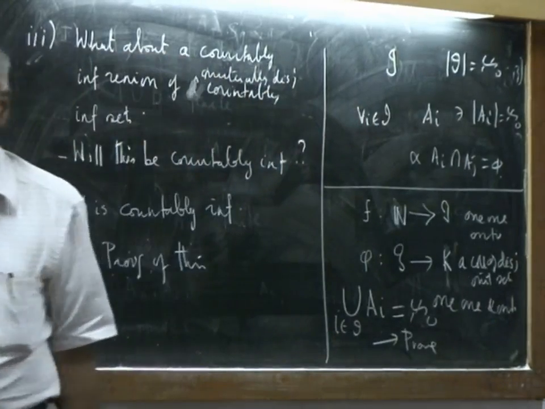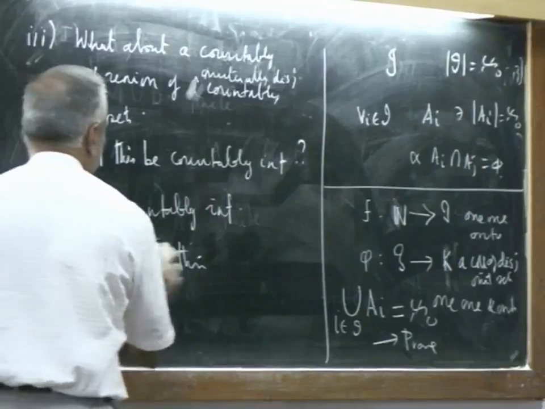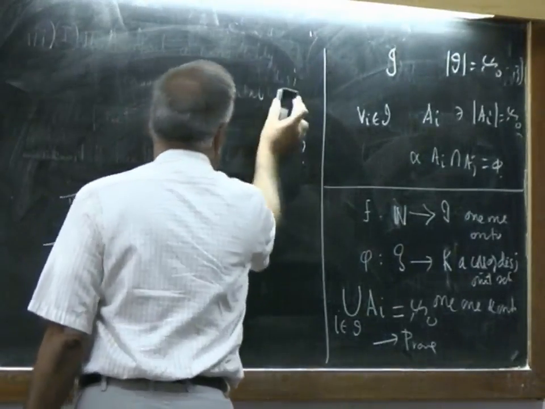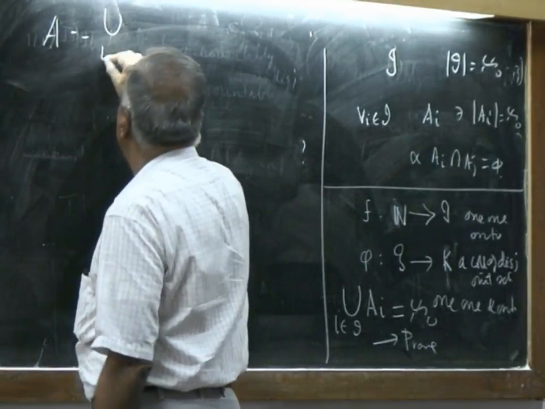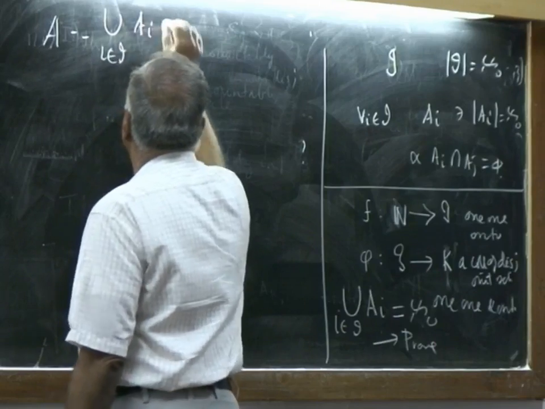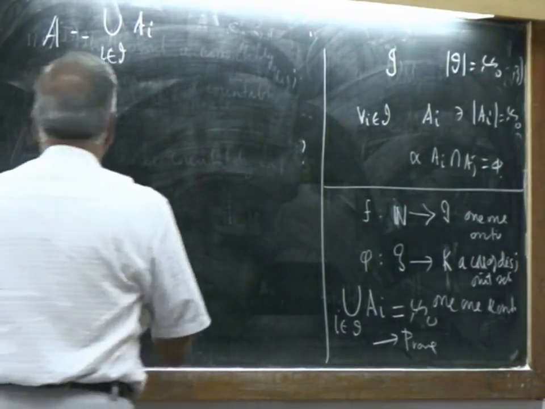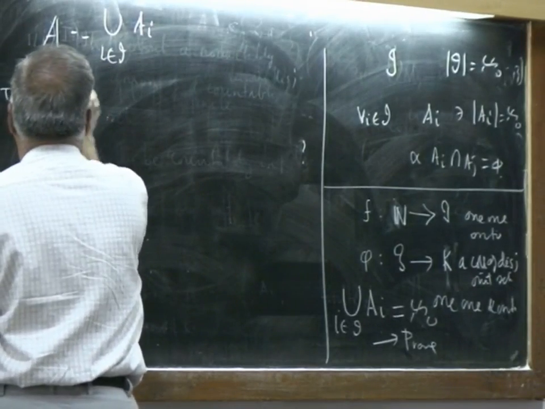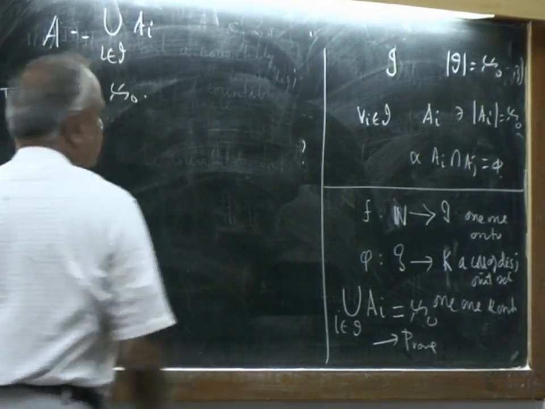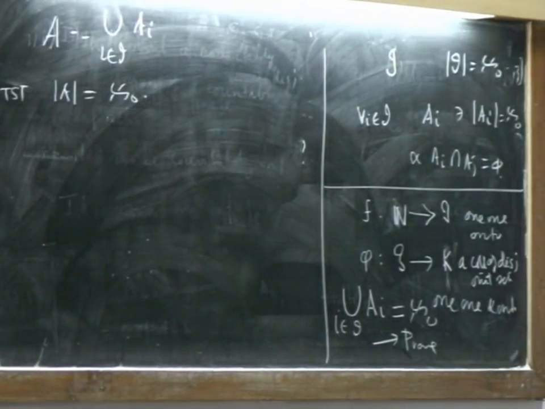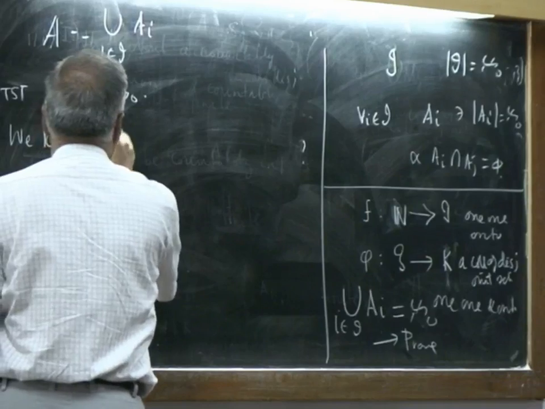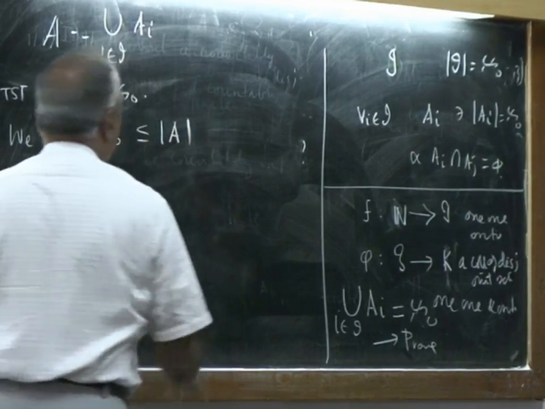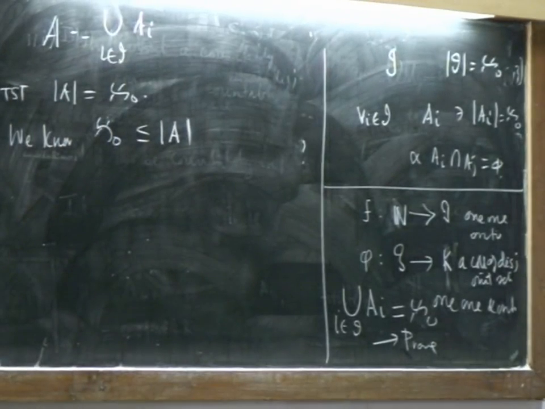What does that mean? Call A the union over i belonging to I of A_i. You want to show that mod A is equal to Aleph naught. This is the problem that we are trying to show. But you already know why.